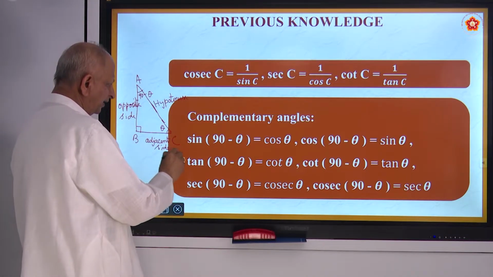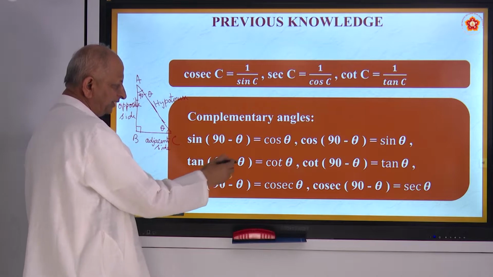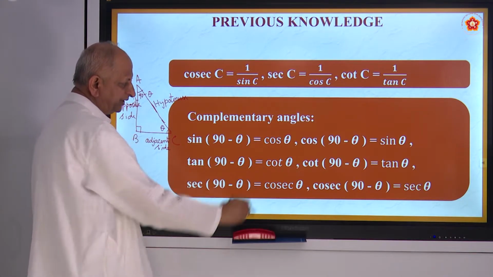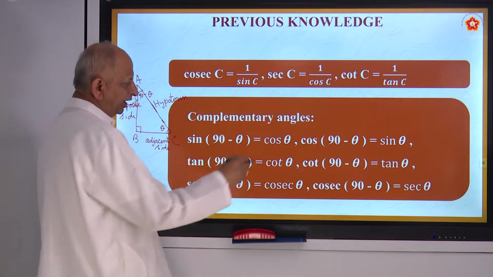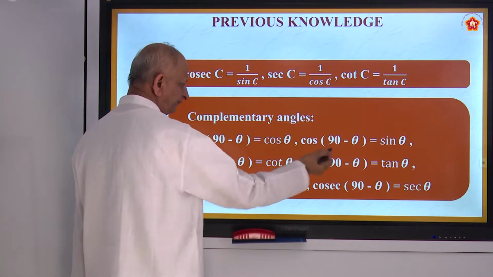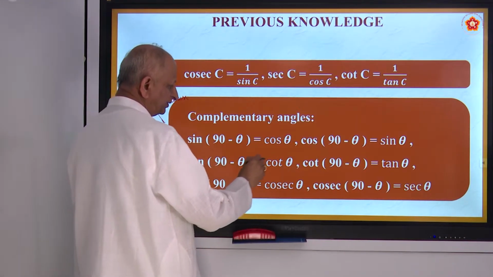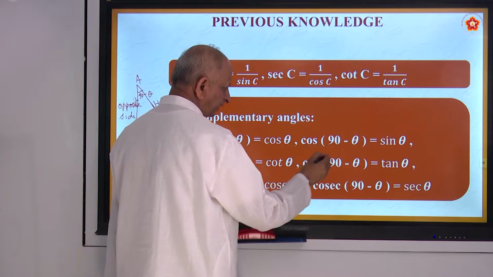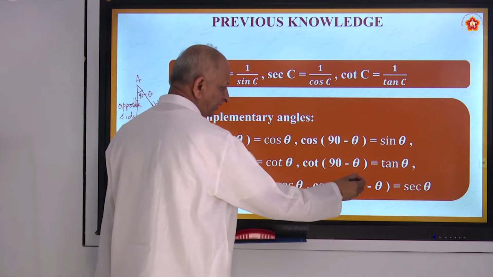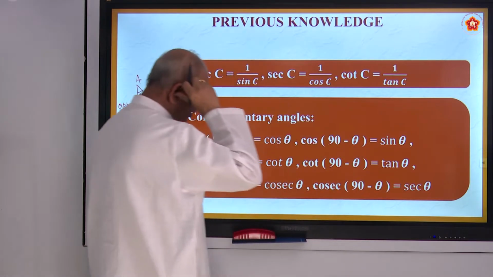Cos of 90 minus theta becomes sin theta. Tan of 90 minus theta becomes cot theta. Cot of 90 minus theta becomes tan theta. Secant of 90 minus theta becomes cosec theta. Cosec of 90 minus theta is equal to sec theta.